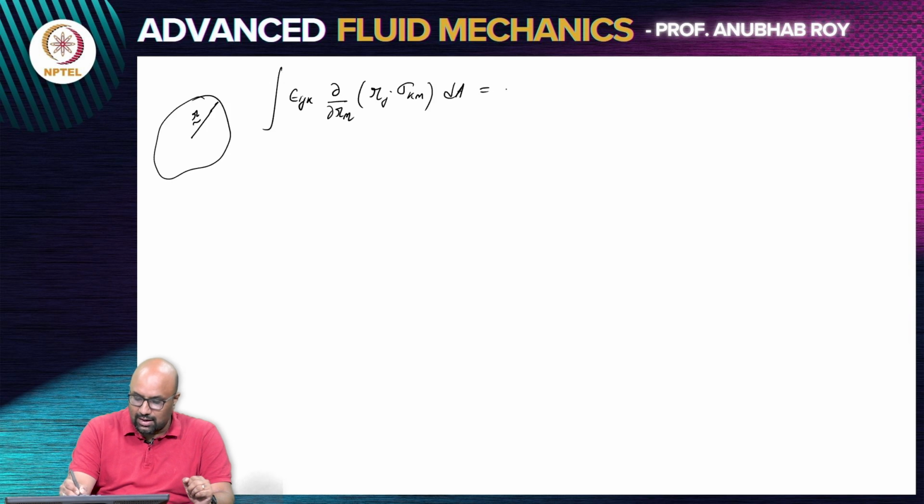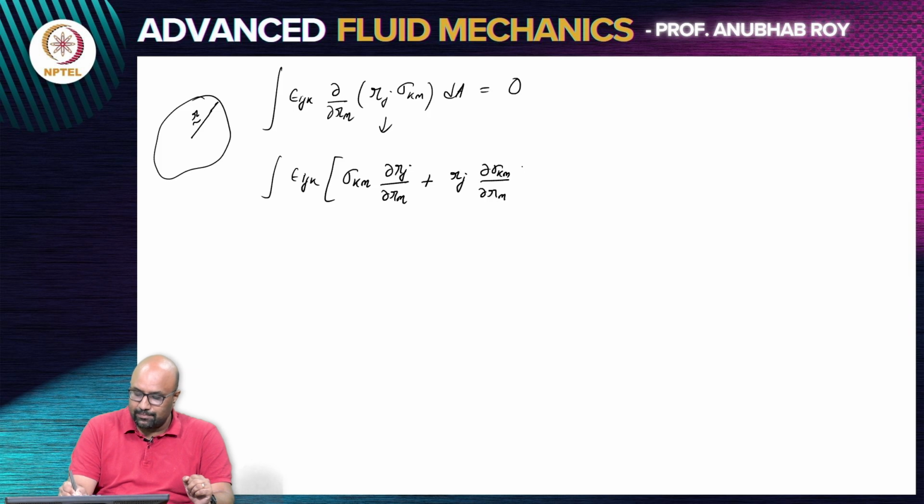Now let's do the derivative using the product rule. So I have sigma km dou rj dou rm plus rj dou sigma km dou rm dA is equal to 0.